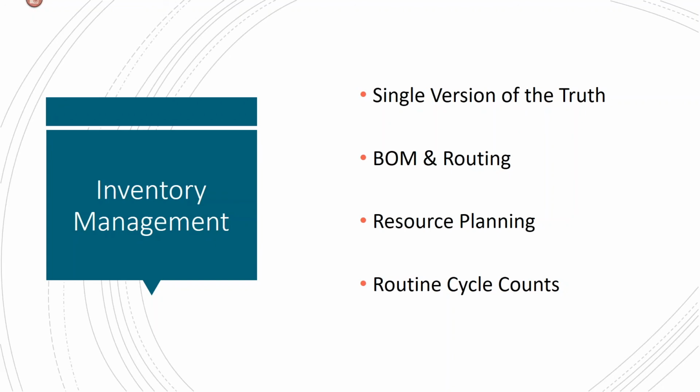But again, to underscore what it is that ERP can provide when accurately implemented, quality inventory management. So you get a single version of the truth. When we talk about data quality and consistency, that single version is fundamental in being able to make decisions with confidence.